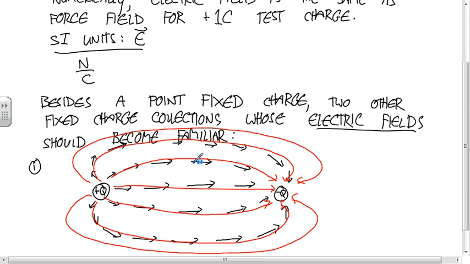You can actually calculate what this pattern is by, at each point on here, say you do it 1,000 times or something, calculate the force vector applied by this fixed charge. Then at that same location, calculate the force vector applied by this fixed charge. Add those two together, and then divide by Q to give an electric field vector. And you could actually calculate numerically what all of these are.